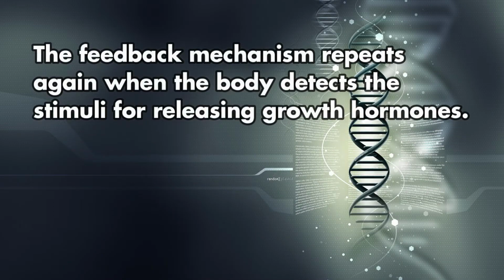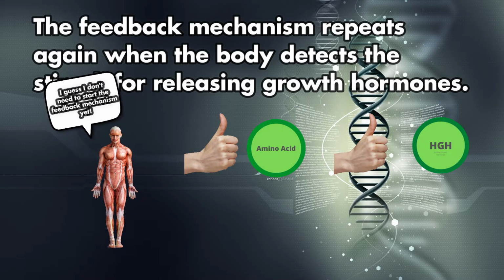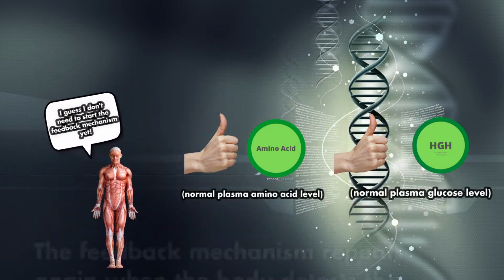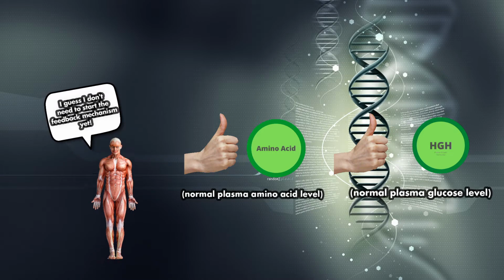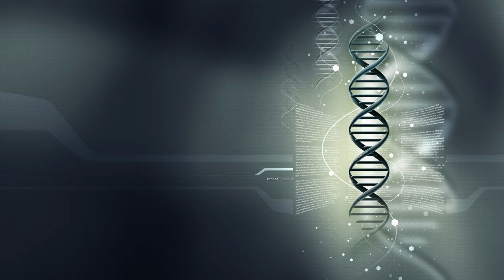The feedback mechanism repeats again when the body detects the stimuli for releasing growth hormones. These stimuli include a low plasma glucose level and a high plasma amino acid level. The feedback loop will continue until the body achieves homeostasis.